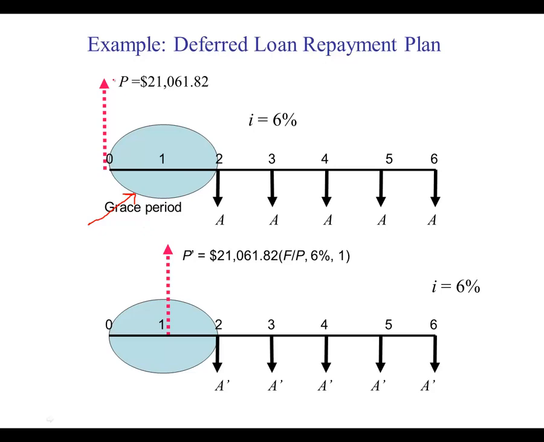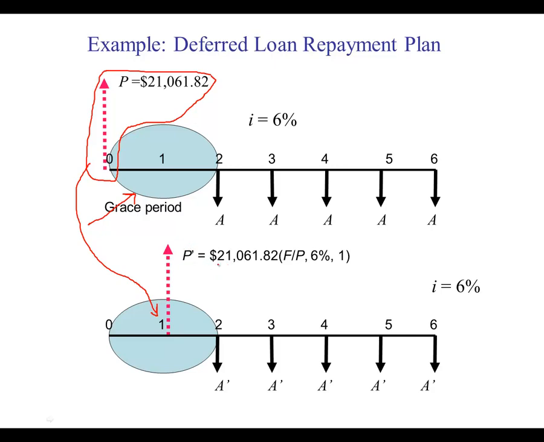Since I'm not using the time now, which is the time at t0, t equal to 0, let's move that value, the P, to the end of the first year. To do that, we have to find the future value, which in this case we're going to call the new P, the new principal value.